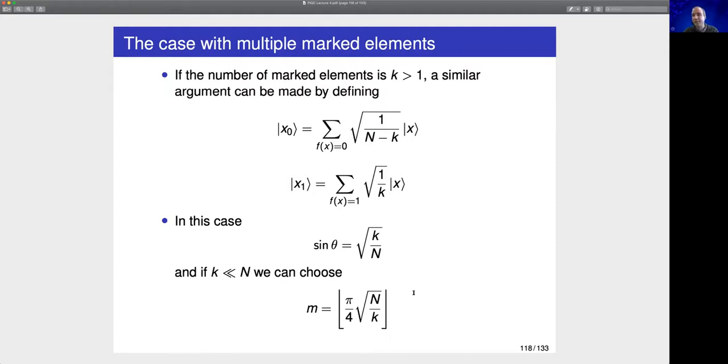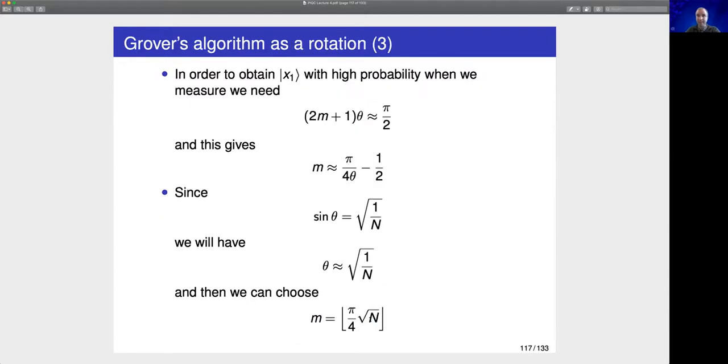There is something that you may be wondering here, and it is that, in order to determine this number of iterations that we need to do, it seems that we need to know k, the number of marked elements.